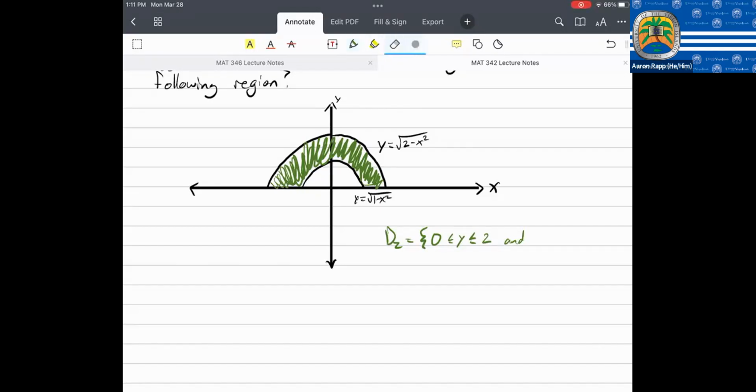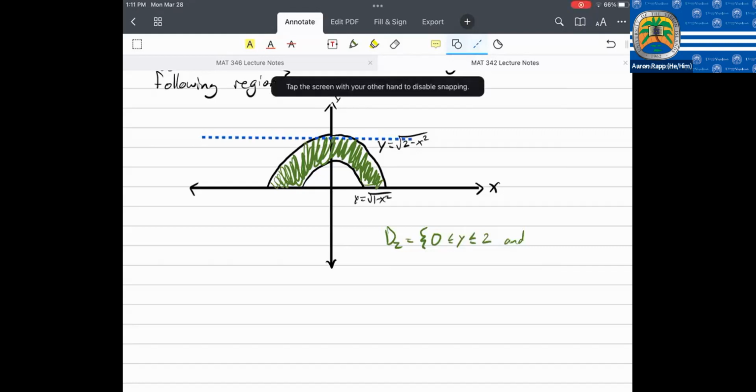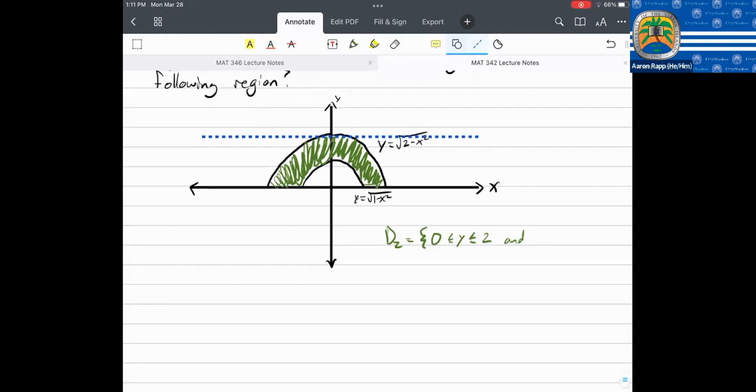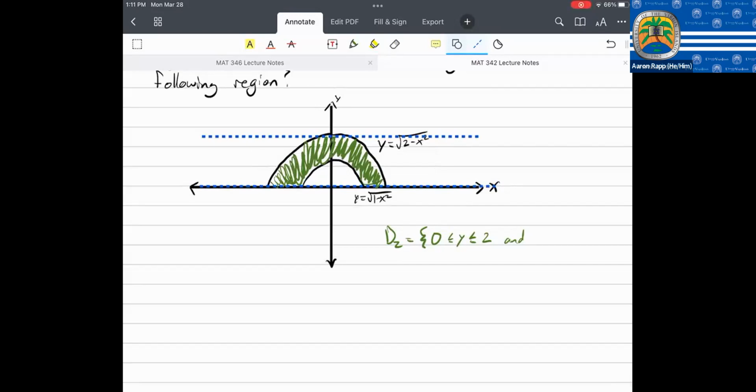So if we're running as a type 2, that means we're stuck between these two bounds, and I have to figure out how my x values change in between those y values. Inside of both those radicals, yes.